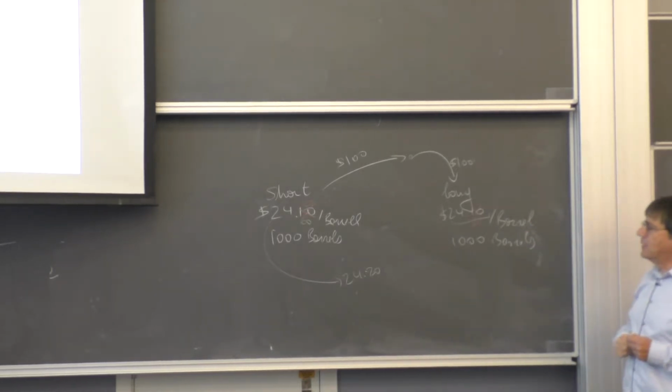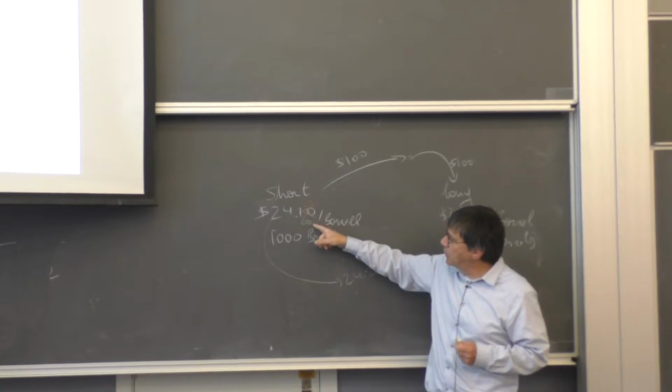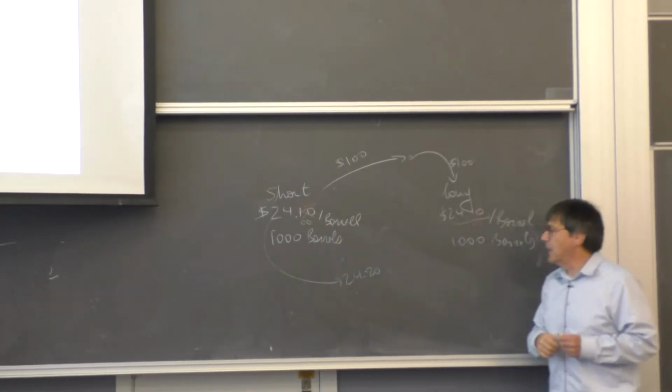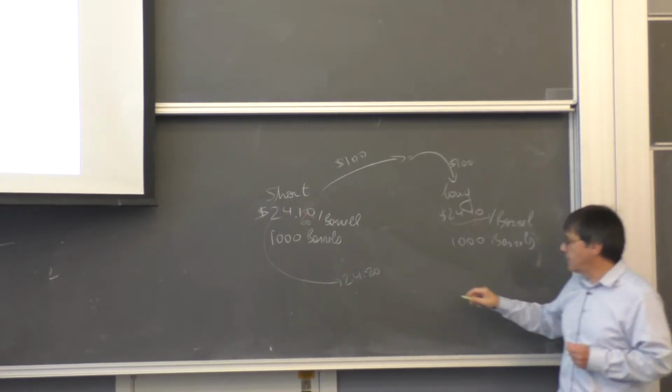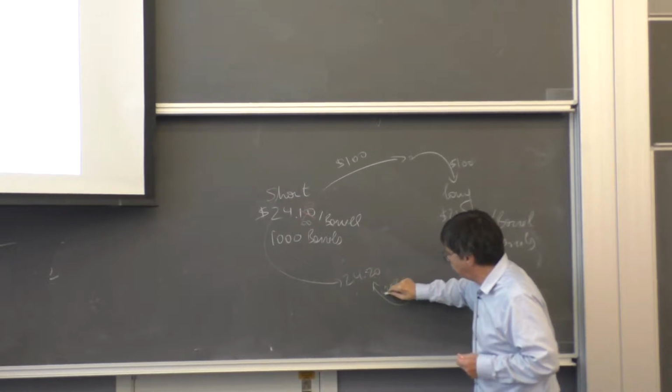But then the exchange says, sorry, I'm going to change your price from 24.20 to 24, in which case I'm going to complain because I'm losing $200. So the exchange says, don't worry, here's your $200.